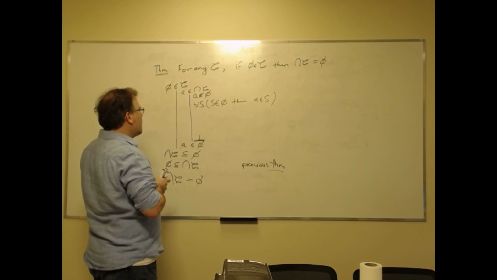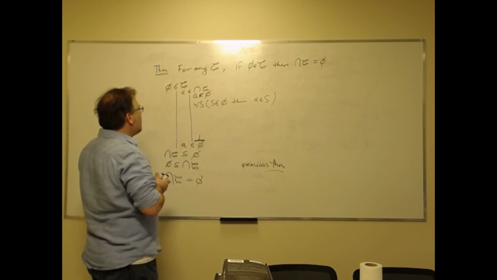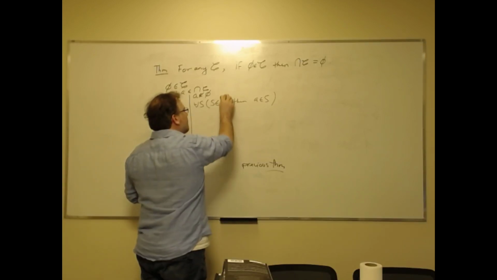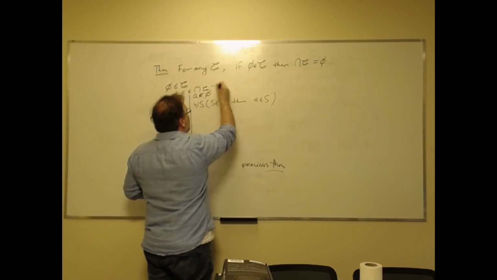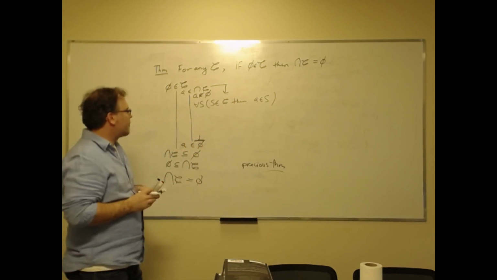So S is in the collection. The empty set is in the collection. Wait, what am I doing here? I'm so sorry. That's why I'm getting it. Right, the membership condition here gives me C, obviously.